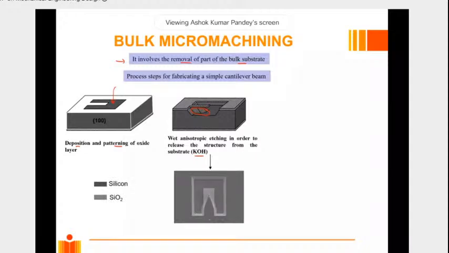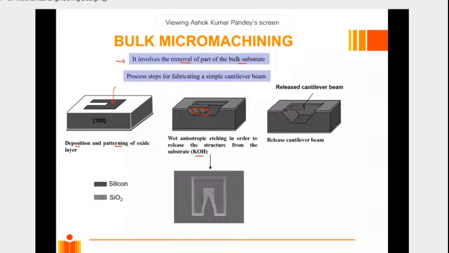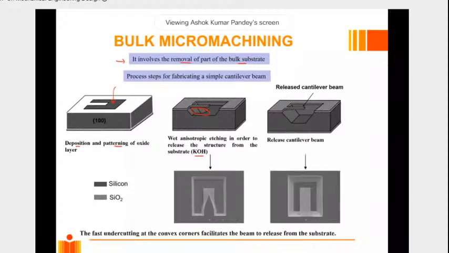Similar to that, if I use some other etchant, which is TMAH, in that case you see that the material is removed completely and your cantilever is suspended, as you thought of, right?